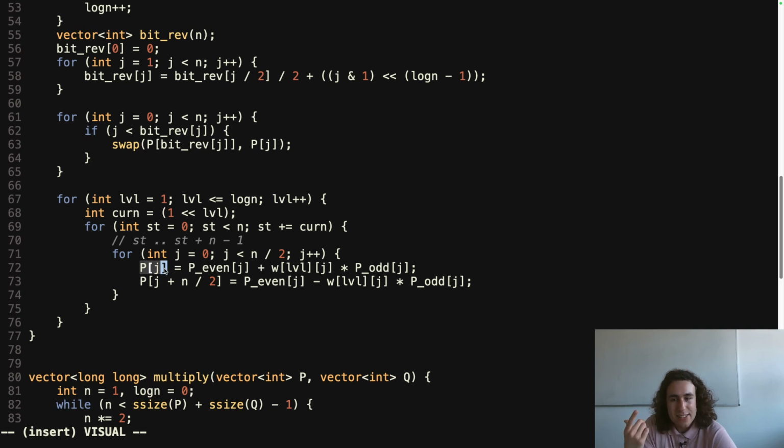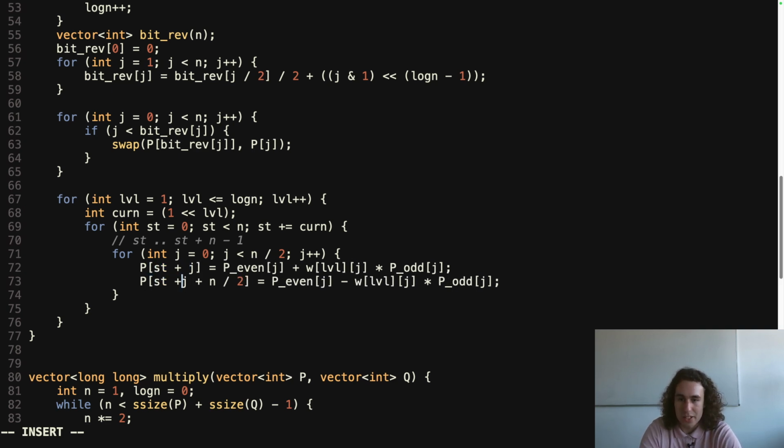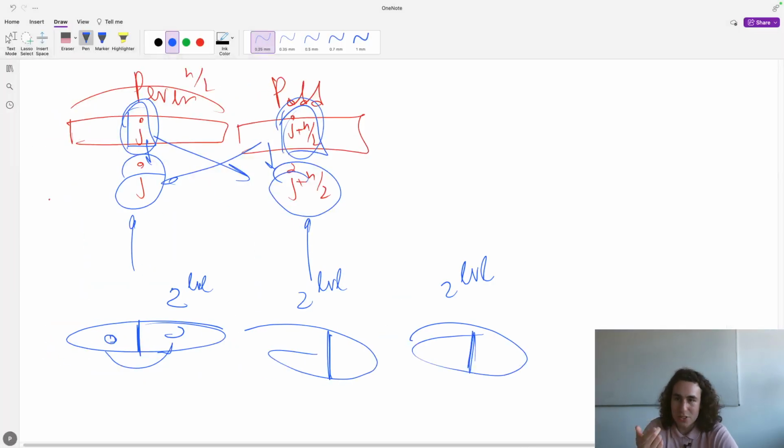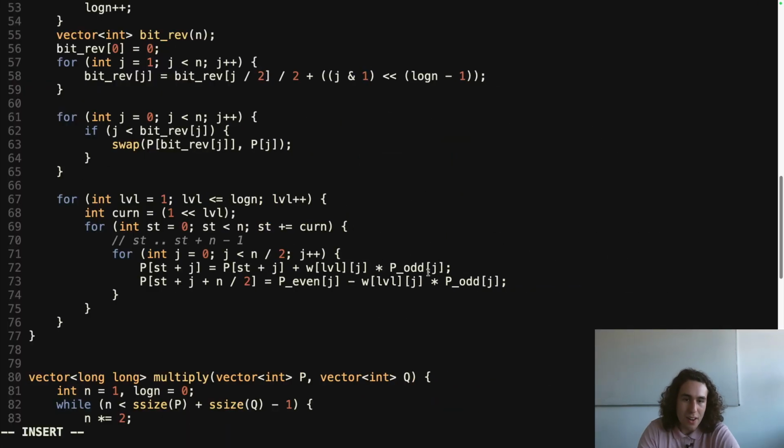Before we had index j, but this j was from the start of our current chunk, but now our current chunk starts not in position 0, but in position st. So we always need to add st everywhere, right? And p even j is again p st plus j, as I already explained. And p odd of j is p st plus j. So this is what we do.